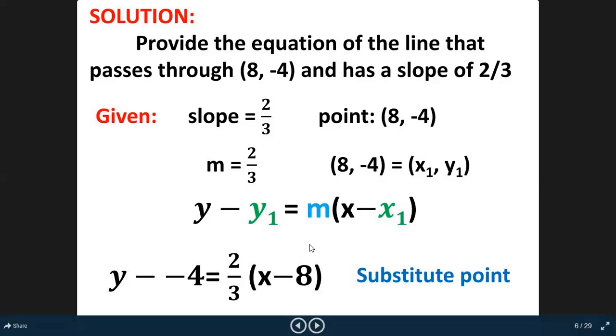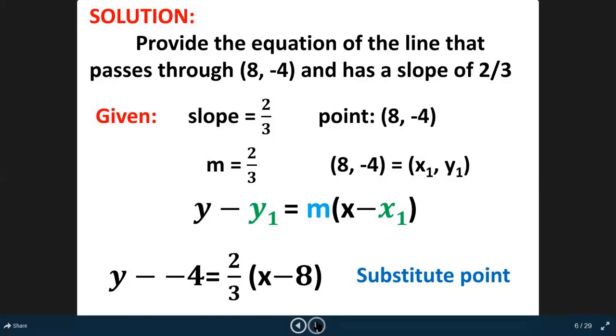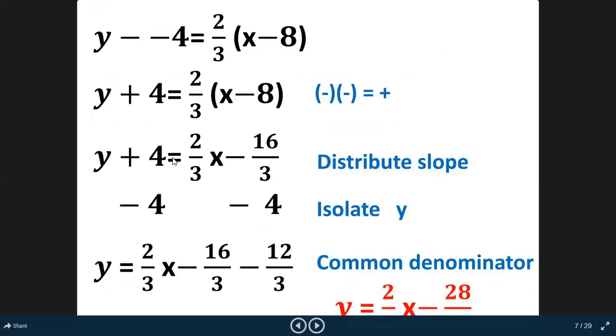And we can simplify now. Y minus -4, negative times negative, will be positive 4, which means the equation we can write like y plus 4 equals 2 over 3 x minus 8.